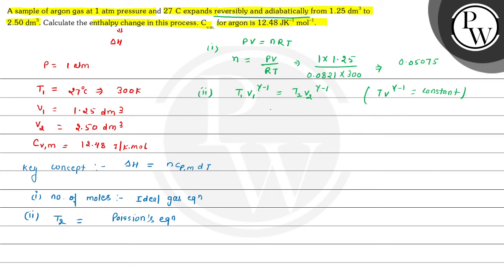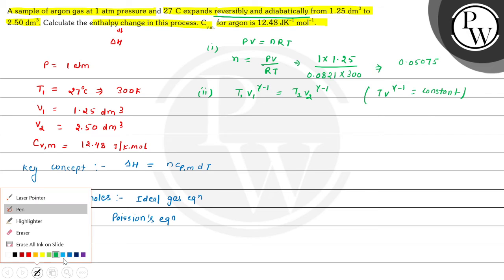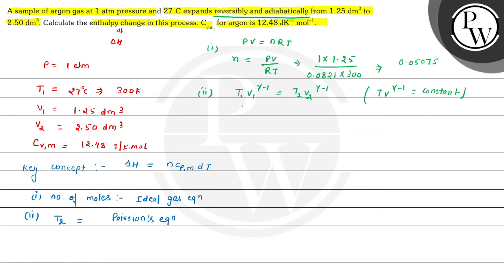So this is applicable to a reversible adiabatic process. We can also write T1 by T2 is equals to V2 by V1 raised to the power gamma minus 1. So T1 is 300 Kelvin divided by T2, which we have to calculate, equals V2 that is 2.50 upon V1 that is 1.25, raised to the power gamma minus 1.